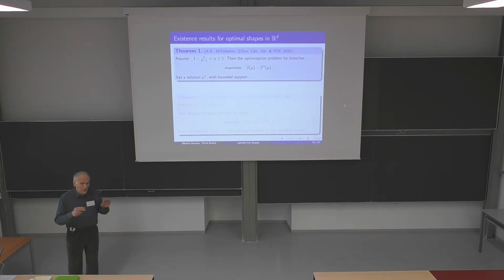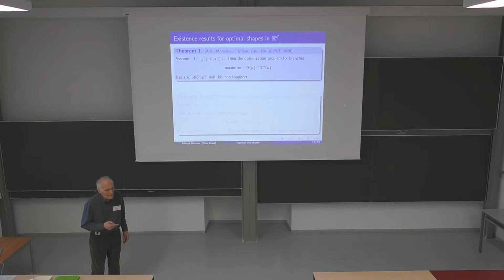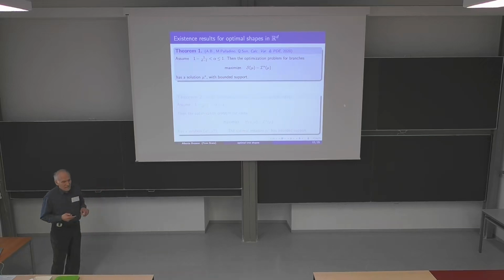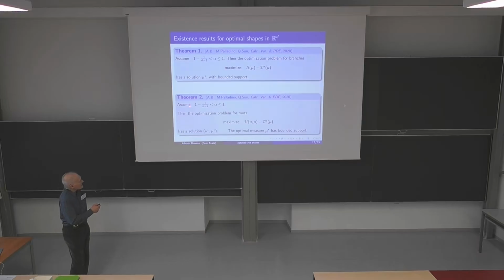And in general, this is not unique because the problem is highly non-convex. There can be lots and lots of local maximizers. Yes? No, in fact, next slide, I'll explain this. And another is the optimization for roots. If you want to maximize the harvesting functional minus the transport cost, again, this has a solution, and the optimal measure has bounded support.